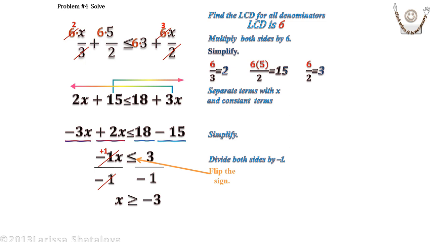Now we can use a graph and show x is changing from negative 3 towards positive infinity. So all numbers from negative 3 to positive infinity are solutions of this inequality.